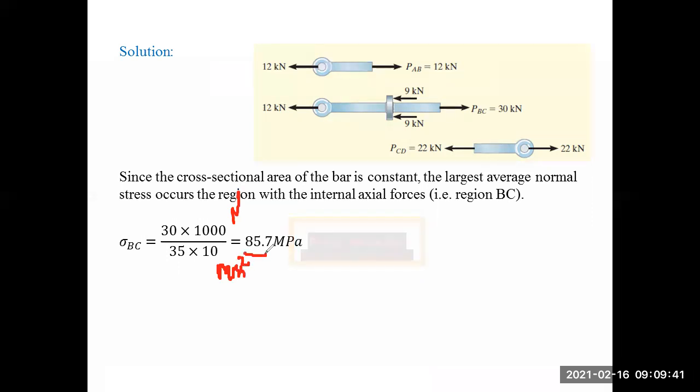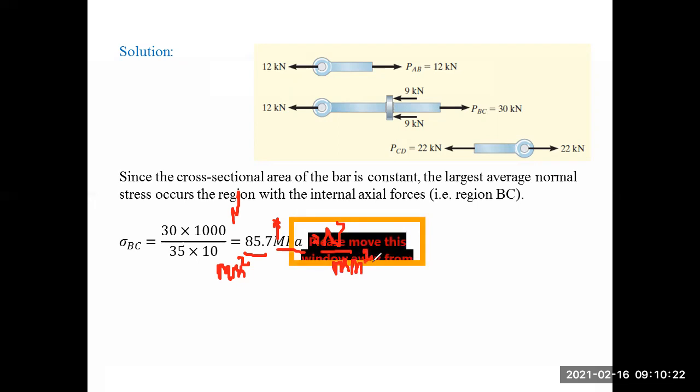Once you get the result, you have 85.7 newton per millimeter square. If you divide this over this, do you get any power? No, there would be no power. So it's supposed to be 85.7 megapascal.